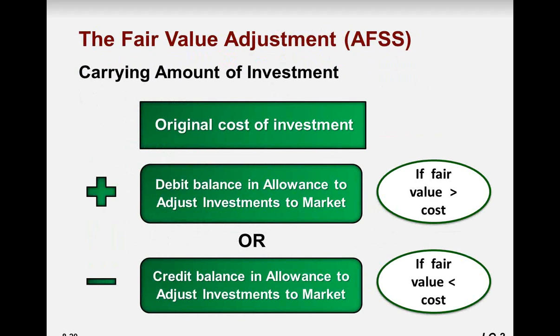So we have our carrying amount of the investment, our original cost of the investment. We have a debit balance in allowance to adjust investments to market if the fair market value is greater than cost, or a credit in the allowance to adjust investments to market if it's a decrease in fair market value.